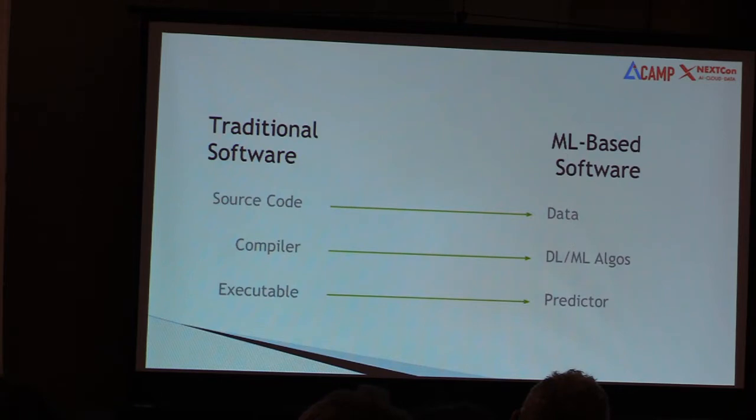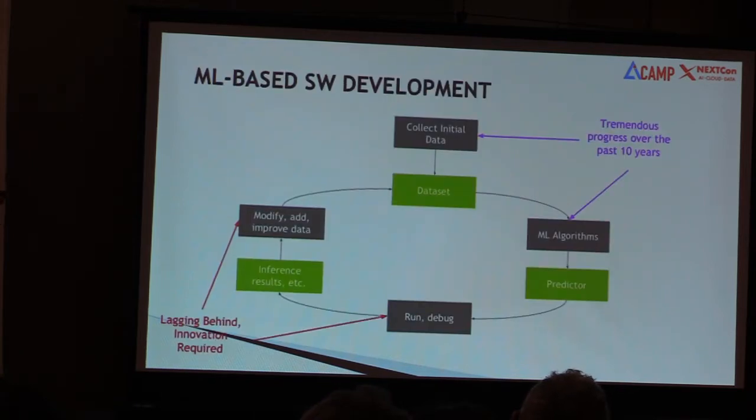So that's very high level, but the way we see it is that data collection and ML algorithms have seen tremendous progress over the last 10 years. Even the systems to collect data and the systems to generate the best ML algorithms, I've seen tremendous progress, right? However, what we think is lagging behind is the ability to introspect those predictors, to get the best information out of them, and the ability to modify and improve the data sets in a meaningful, principled way.